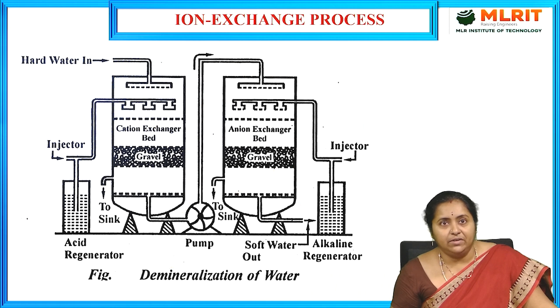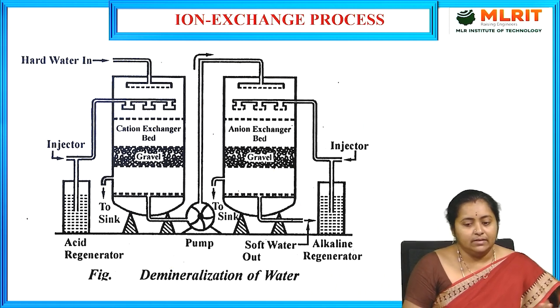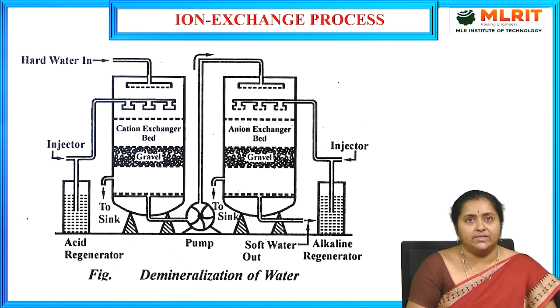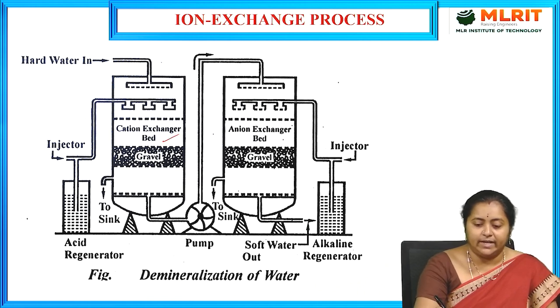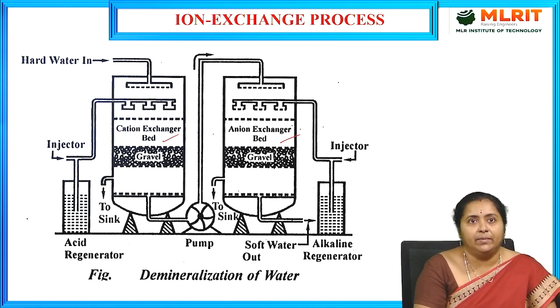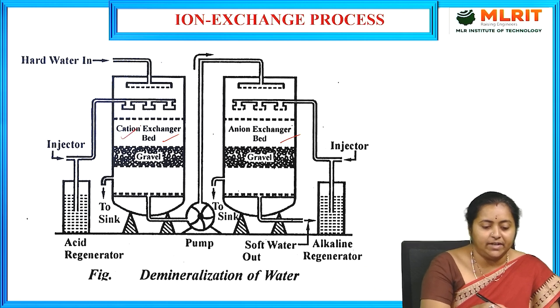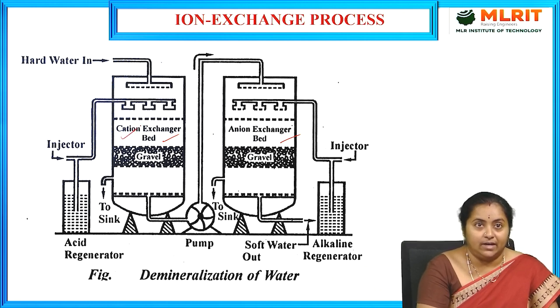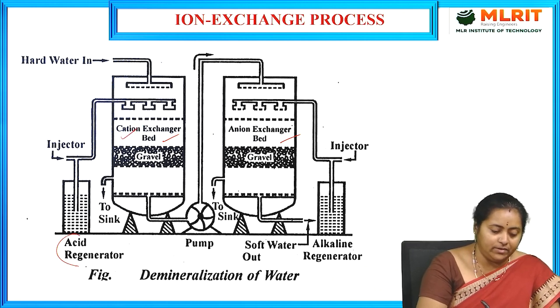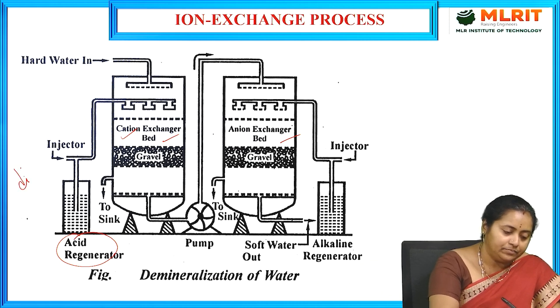If this ion exchange process takes place continuously for 8 to 10 hours, the resins, which act like membranes in the containers, get exhausted. For regeneration, we have to make use of 2 chemicals. For regenerating the cation exchanger, that is RH, we have to make use of dilute HCl or dilute H2SO4.